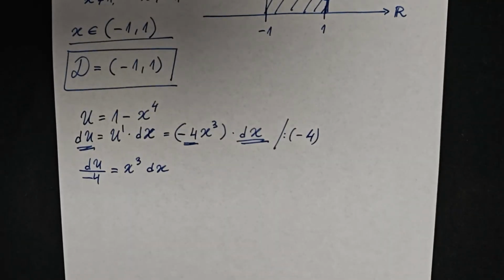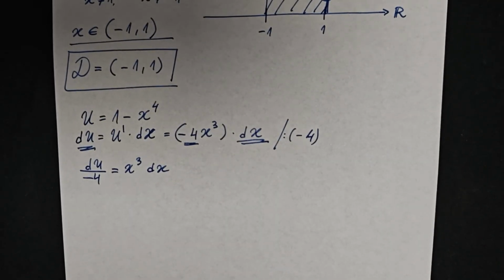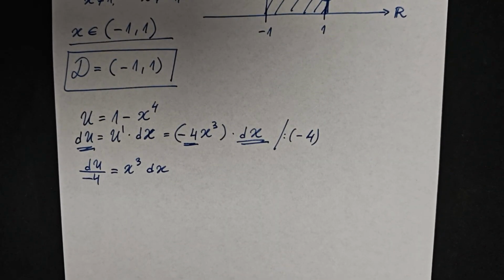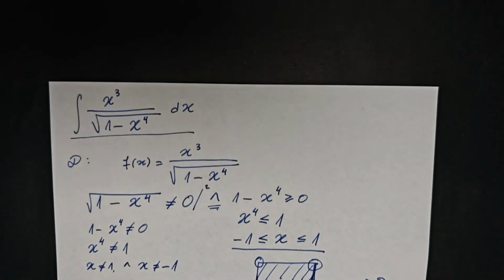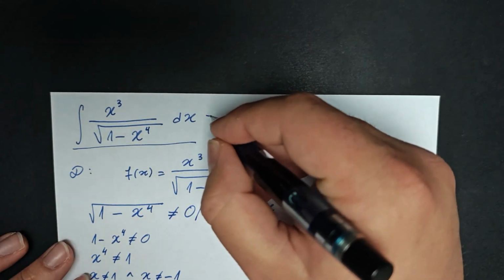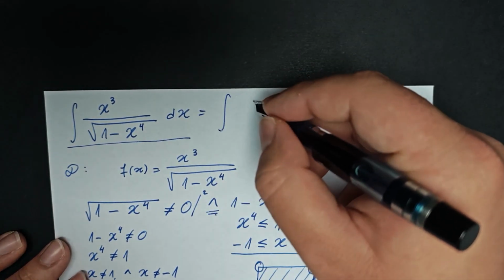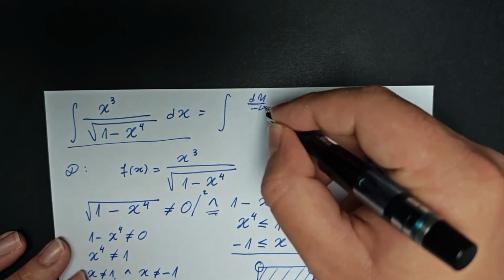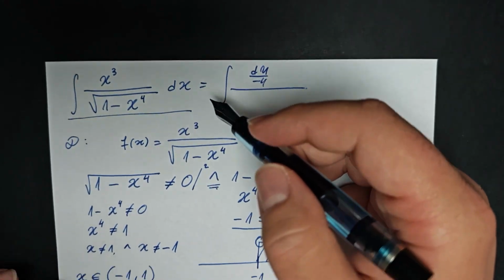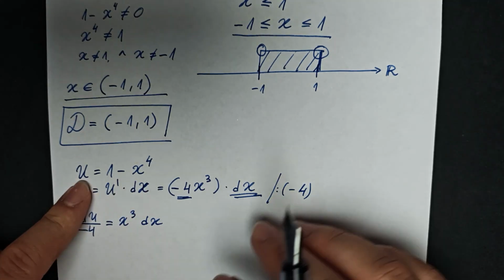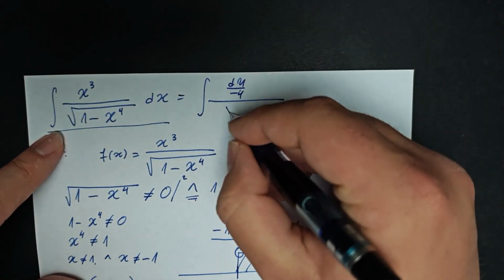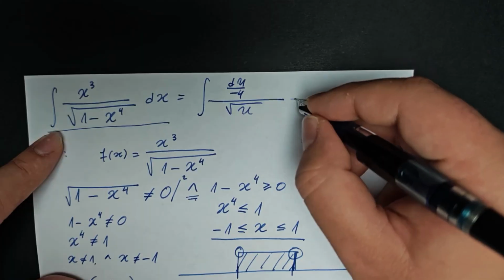Now we are ready to go to the next step, and that is substituting everything in terms of u and du. So in the integral, we have x cubed dx, and that is du over negative 4, and we have the substitution that 1 minus x to the power 4 is u. So here we have the square root of u.